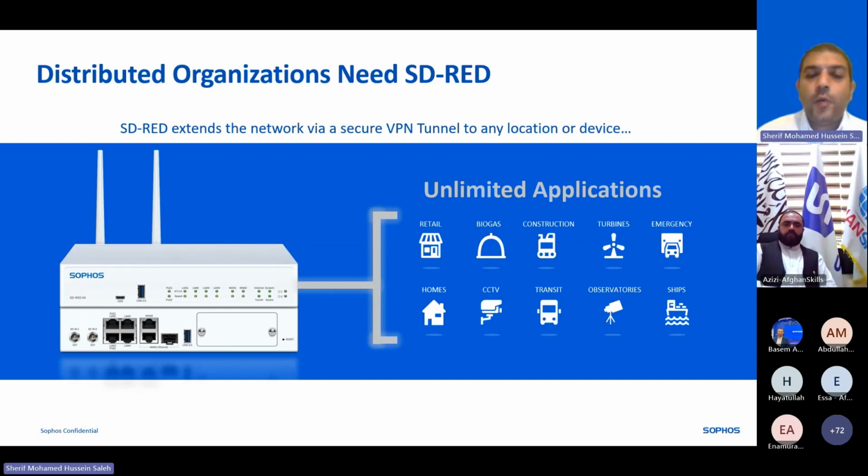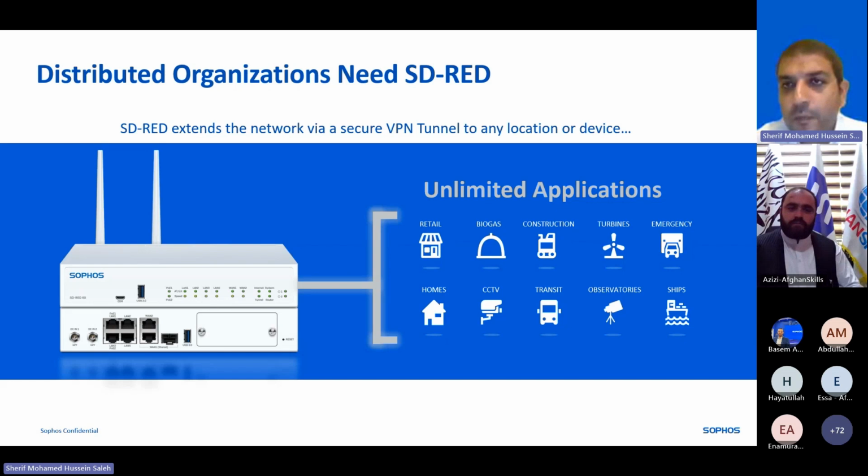Okay. So first of all, the tunneling between the RED and the firewall is not IPsec based. It's TLS based, and this is proprietary for our labs. So this is unique to our hardware, and it does provide load balancing. There are different types of options for load balancing when we are configuring the SD-RED.